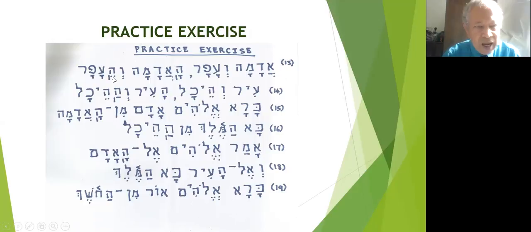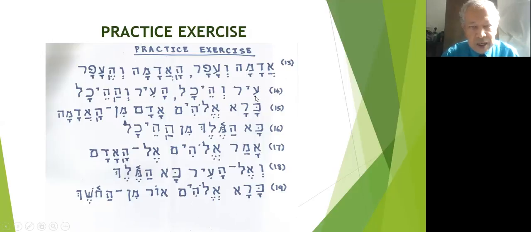So this is he, and again you have the metheg, the bridle, to slow us down from going right into the noun. So we pause, he, afar. And this is translated the dust. So the translation of ha, adamah, ve, he, afar is the ground and the dust. This was just ground and dust, but with the definite article, we have the ground and the dust.